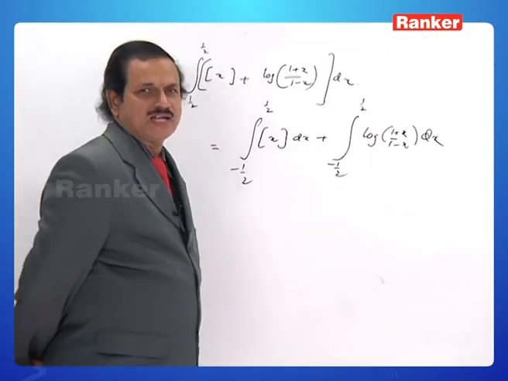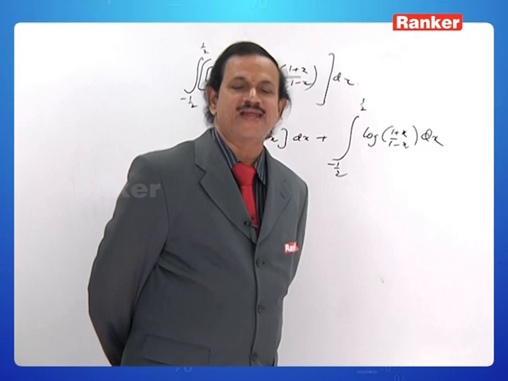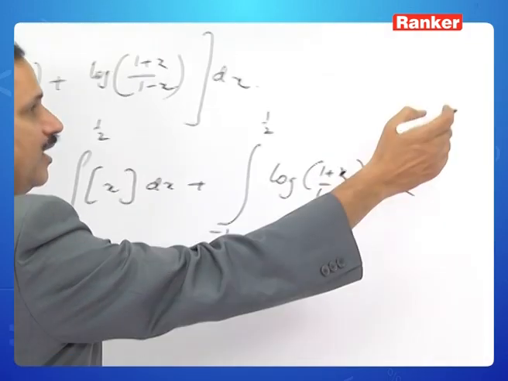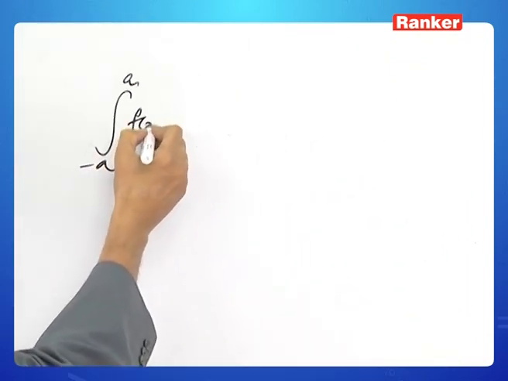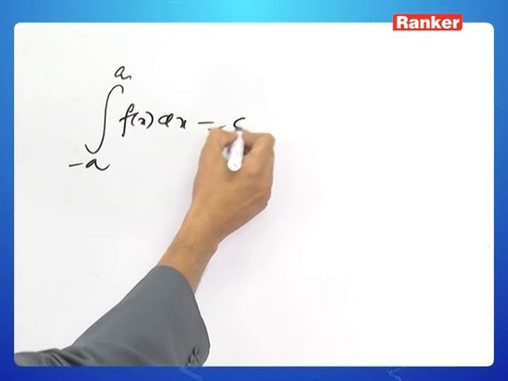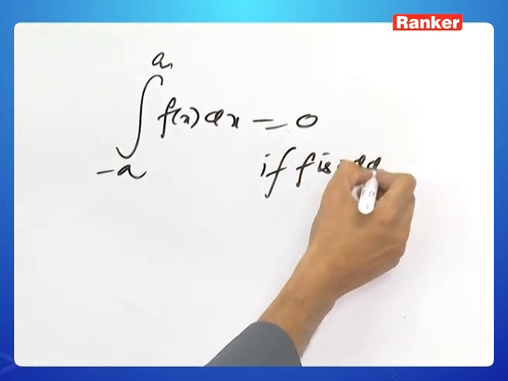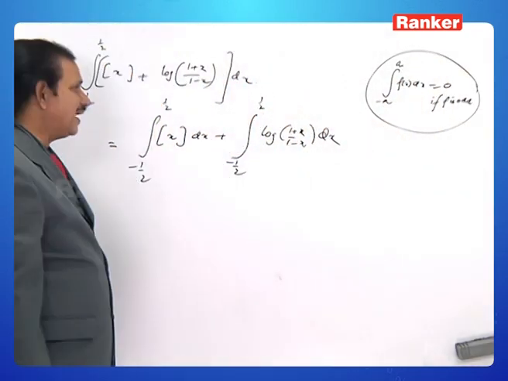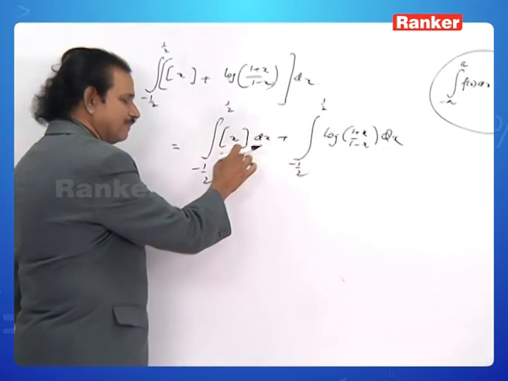In the beginning itself, we could have noted that log of 1 plus x by 1 minus x is also an odd function. And as this is an odd function, let us recall the formula: integral minus a to a f of x dx is equal to 0 if f is odd. So by that, this is 0. So only this remains.